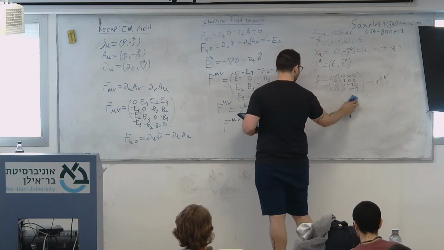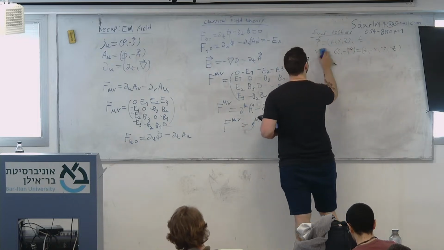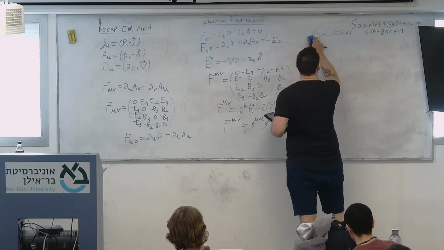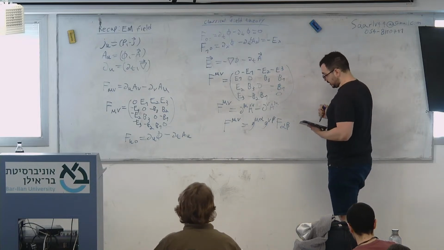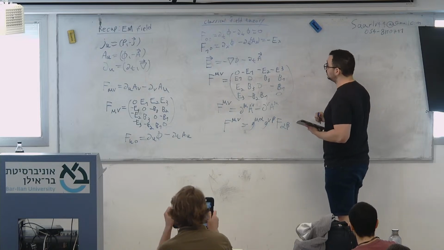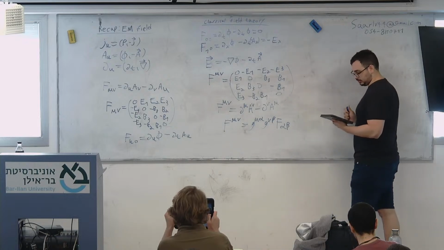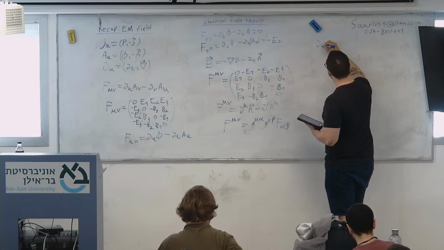So what can we do with this F matrix? First thing we can do is get the homogeneous Maxwell equation by simply taking the derivative.